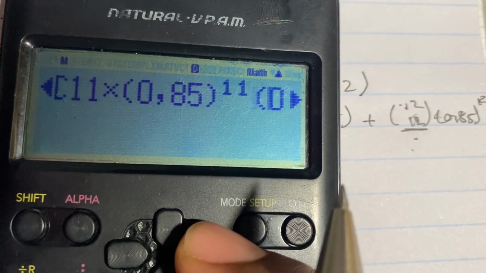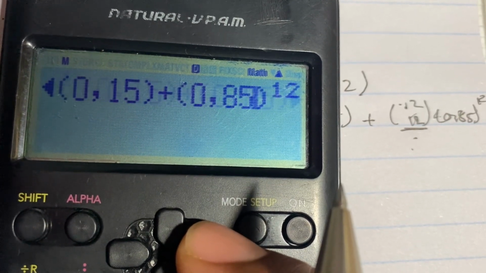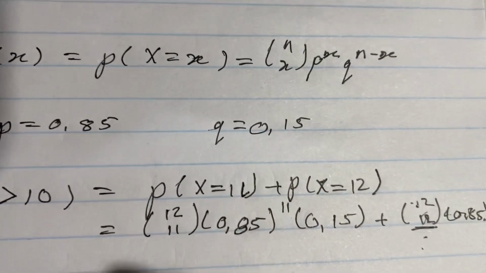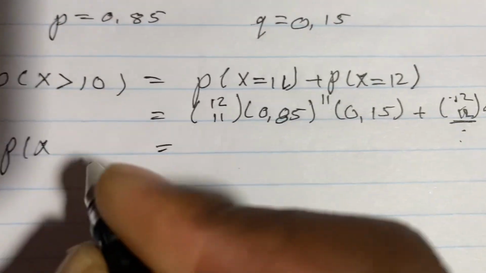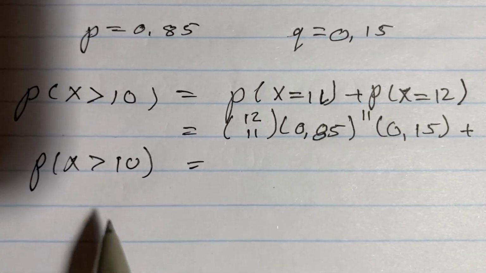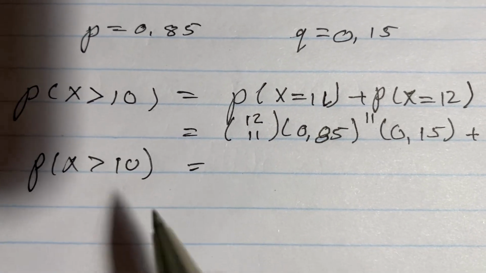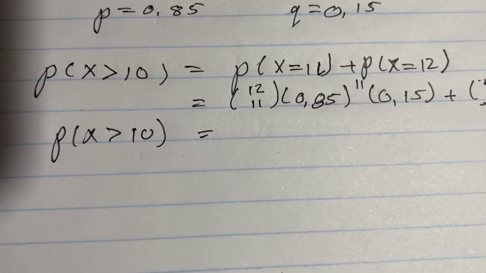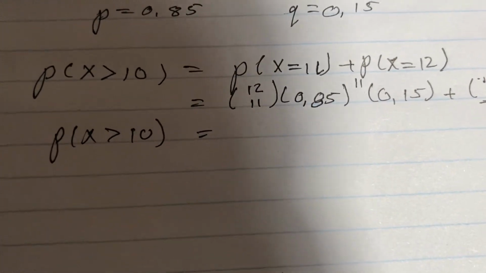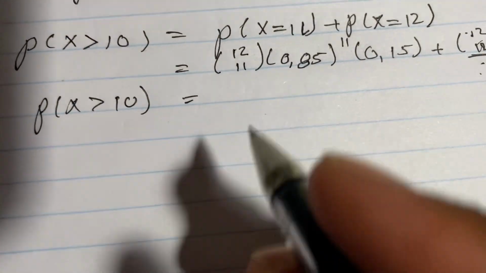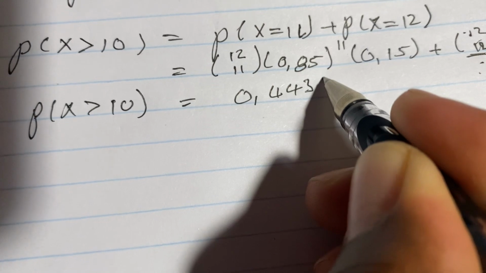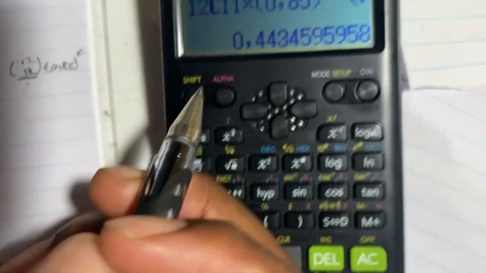So the probability of X greater than 10, that is, the probability of more than 10 people not being told that they have hypertension, equals 0.443. Let's round it off: it is 0.35.